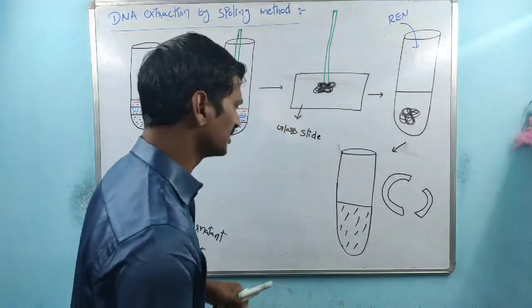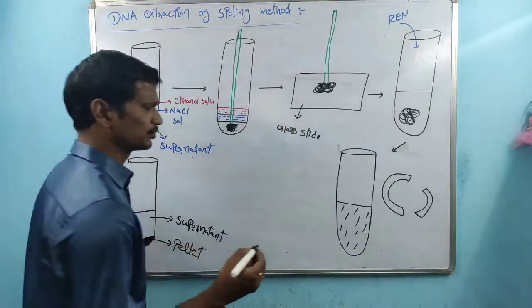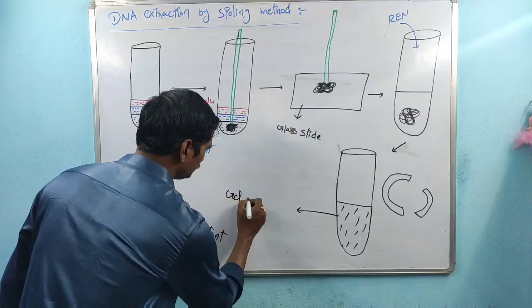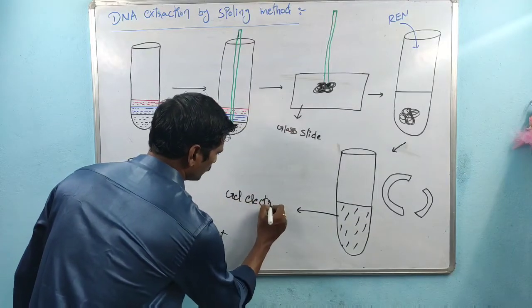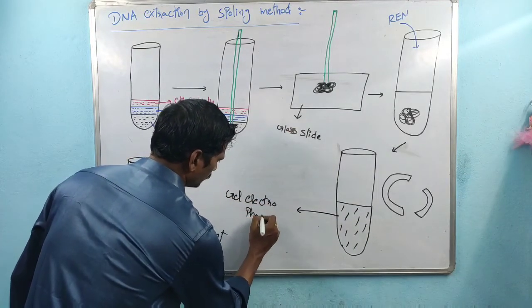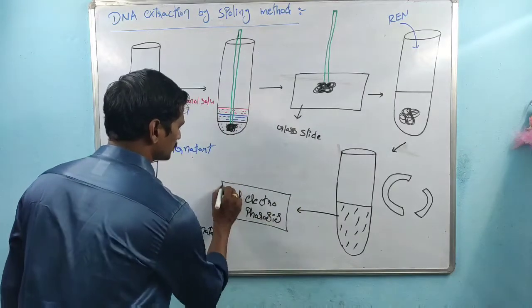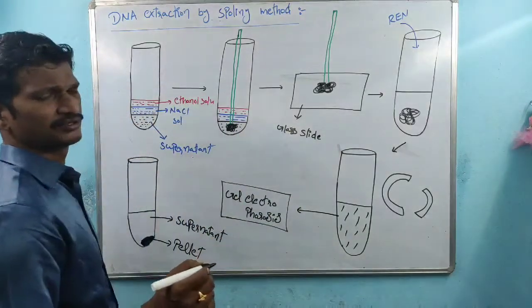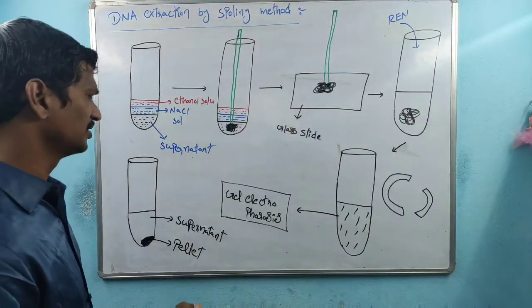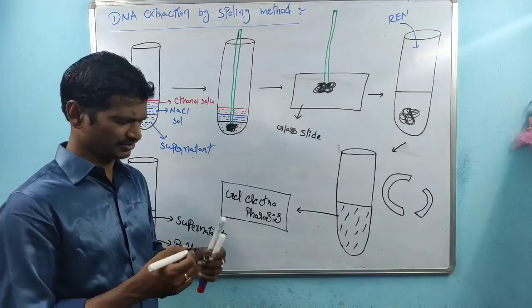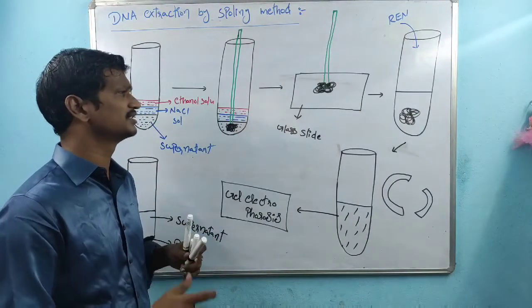The process is called gel electrophoresis. The next step is called gel electrophoresis. By gel electrophoresis, we are isolating or identifying our desired genes.